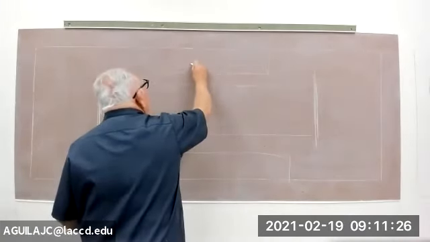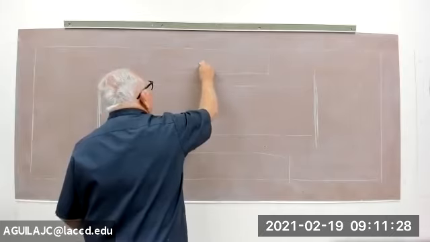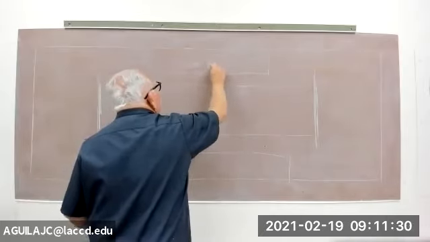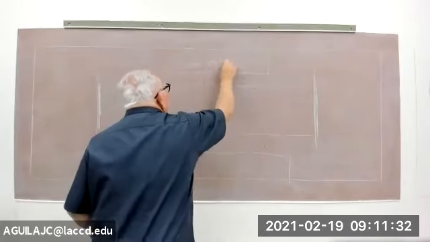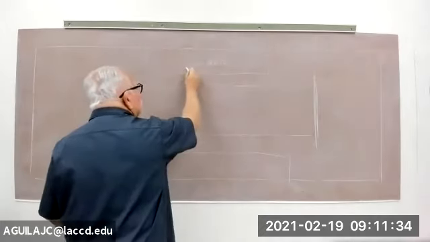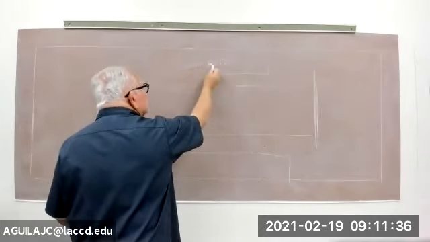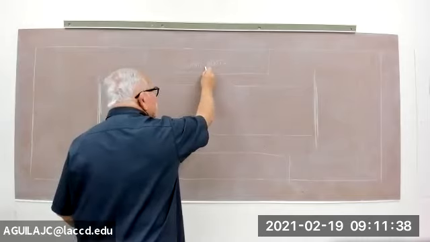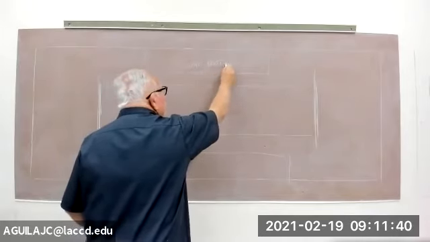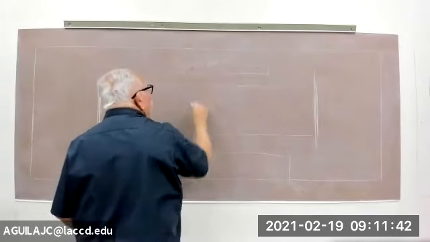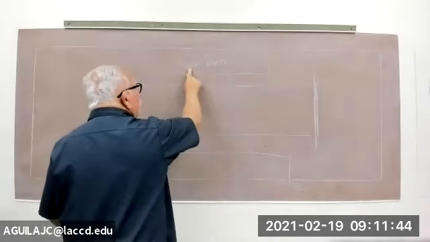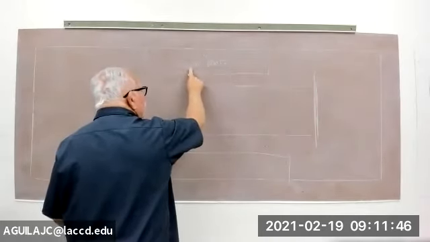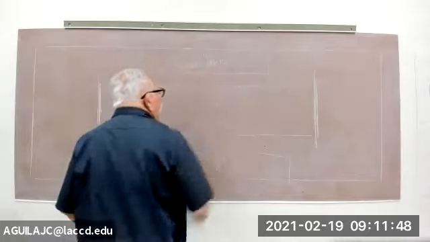So I'm going to count the number of letters that I need to get in there. 1, 2, 3, 4, 5, 6, 7 for the space, 8, 9, 10, 11. I have 12 letters. One of them is a wide letter. The rest are all normal.